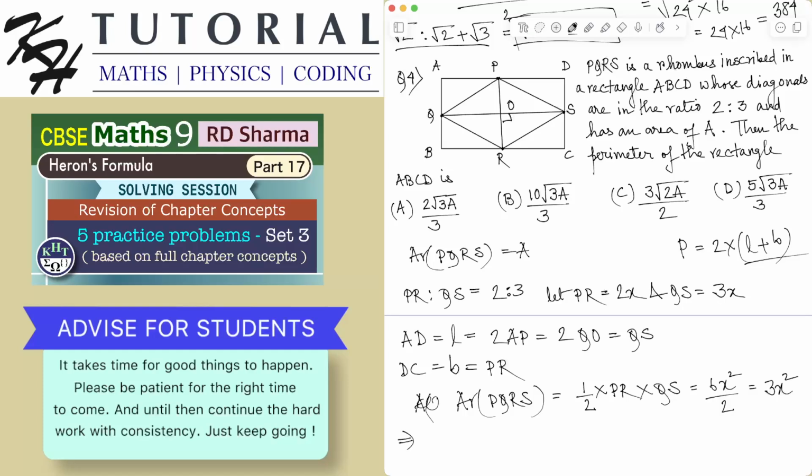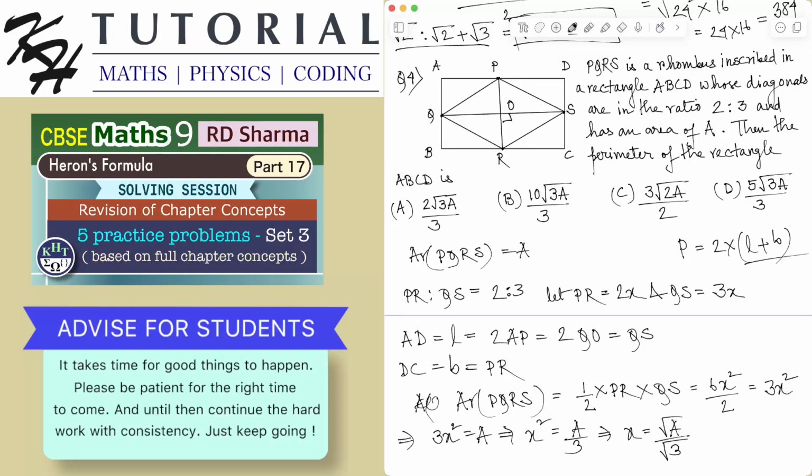The area of the rhombus is given to be A. So we have 3x square is equal to A. This implies x square is equal to A by 3, or we can say x is equal to square root of A divided by square root of 3.